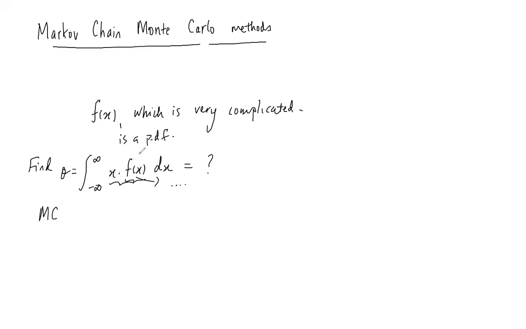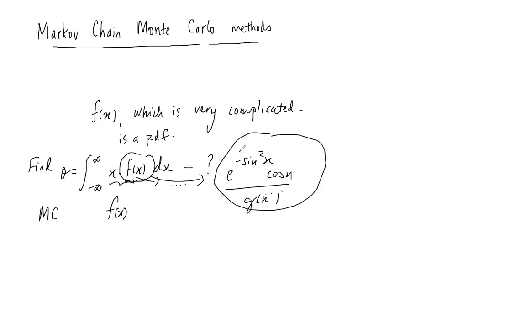Sometimes, if you have a formula for f(x), that's quite fine. For example, you may have something like this, some function, doesn't matter. If you have this kind of form, maybe all those things that you learned previously will be useful.